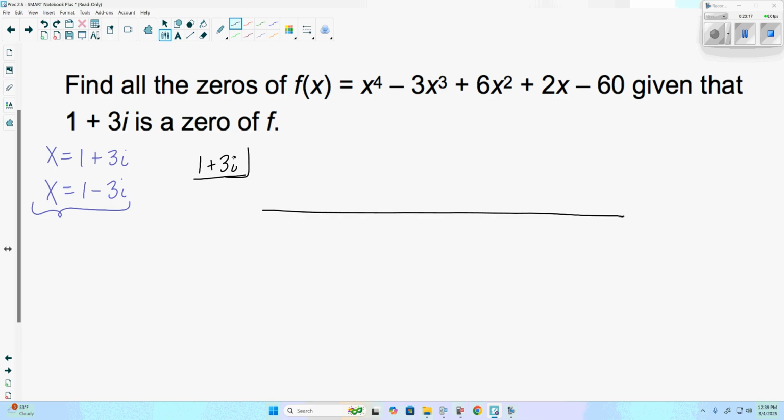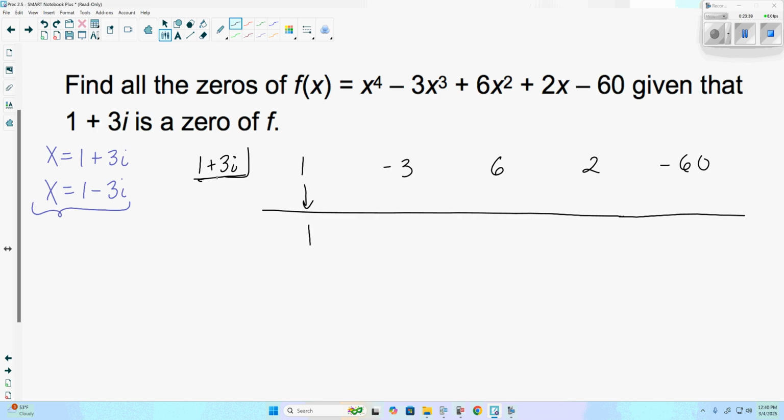But if we use, say, 1 plus 3i, with coefficients 1, negative 3, 6, 2, negative 60. And again, when using i in the radicals, I would give myself more space than I think is needed, because it's going to get a little bit bigger. We can still do this here.